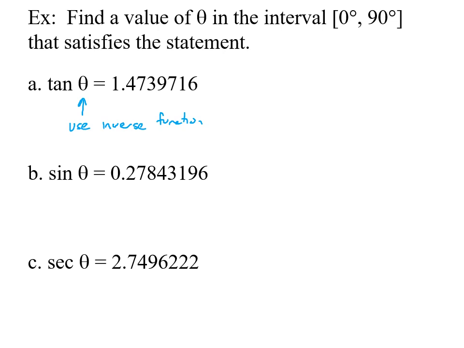But if you're looking for the theta, you have to do the inverse. And so to do that, we would move the tangent to the other side by saying that theta is actually tangent inverse of 1.47396. And again, this is just a lot of typing things into the calculator.